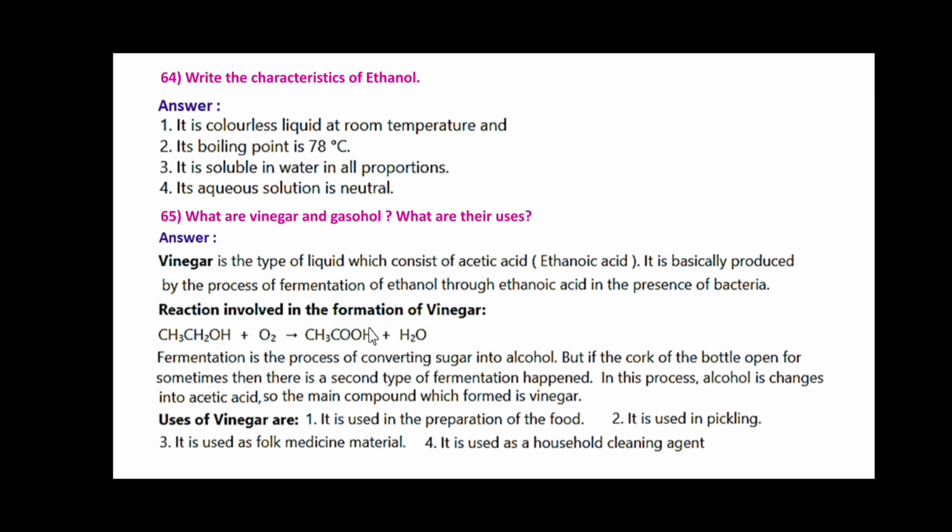The reaction involved in the formation of vinegar: CH3CH2OH plus O2 gives CH3COOH plus H2O. Fermentation is the process of conversion of sugar into alcohol, but if the cork of the bottle is opened, then a second type of fermentation happens. In this process, alcohol changes into acetic acid. So the main compound formed is vinegar.